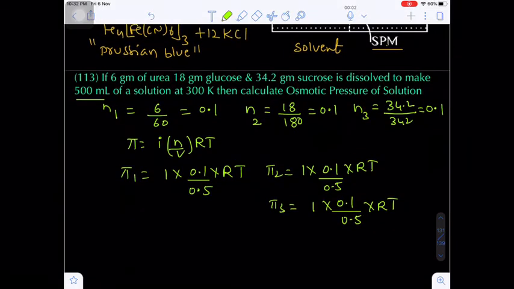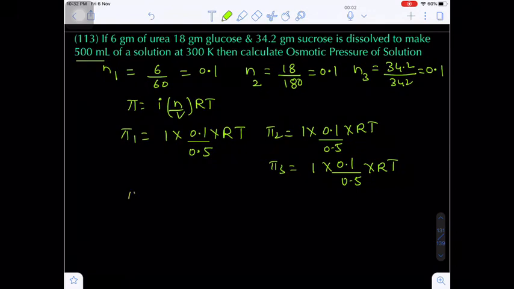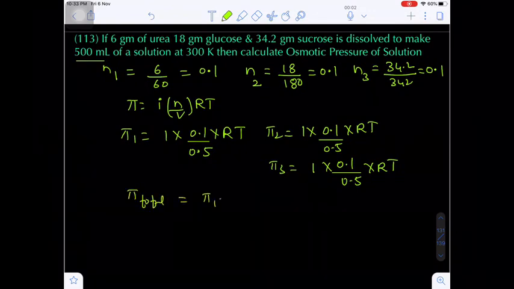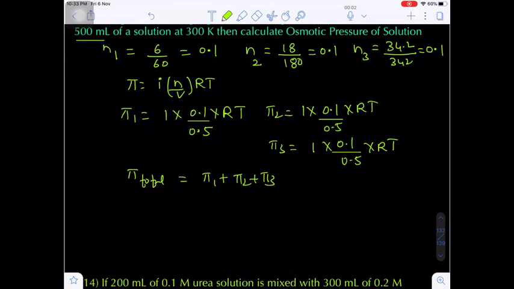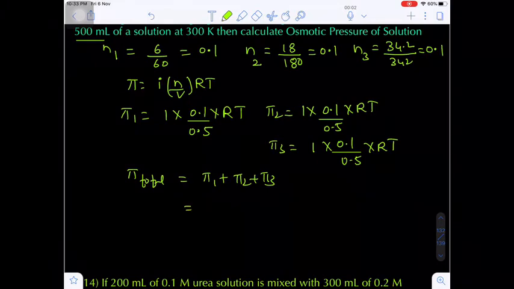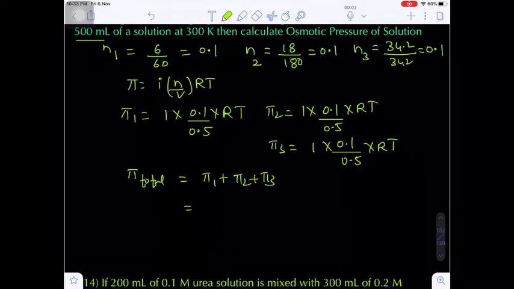Now the total osmotic pressure after mixing of these 3 solutions will be equal to pi 1 plus pi 2 plus pi 3. Yes or no? So after adding these 3, 0.1 by 0.5, 0.1 by 0.5, 0.1 by 0.5 into RT. Are you getting my point?